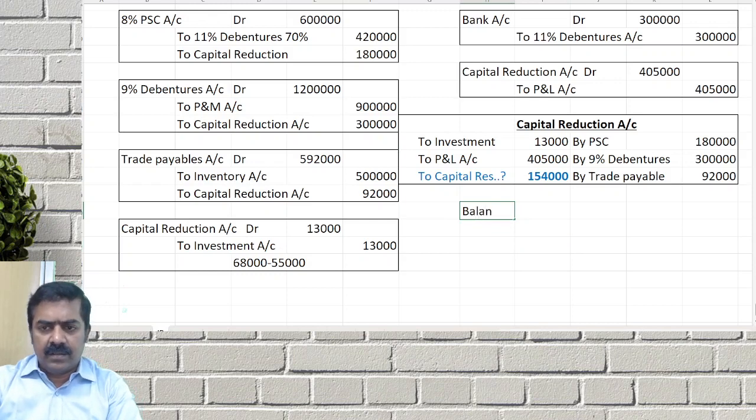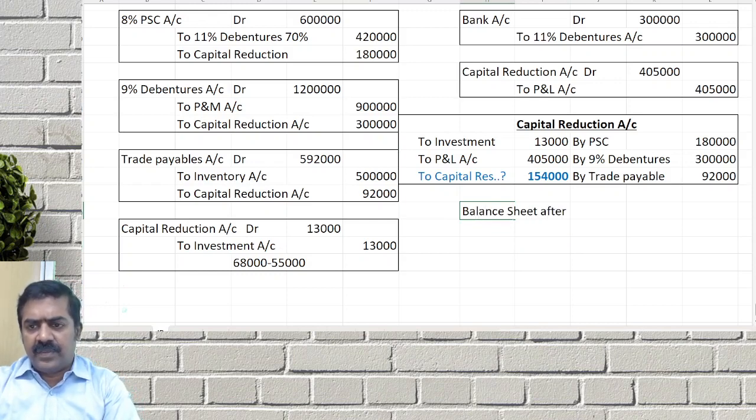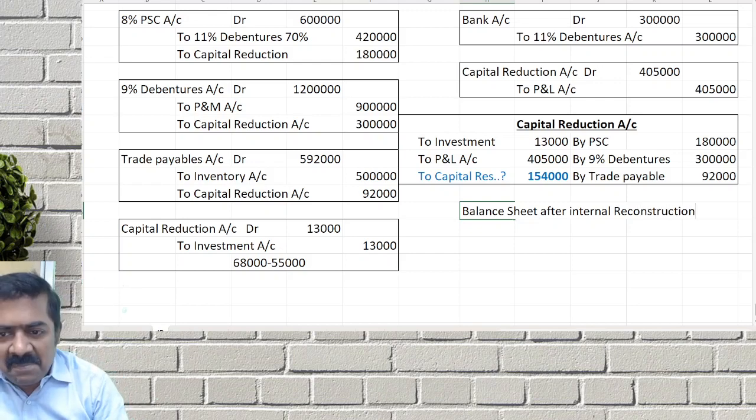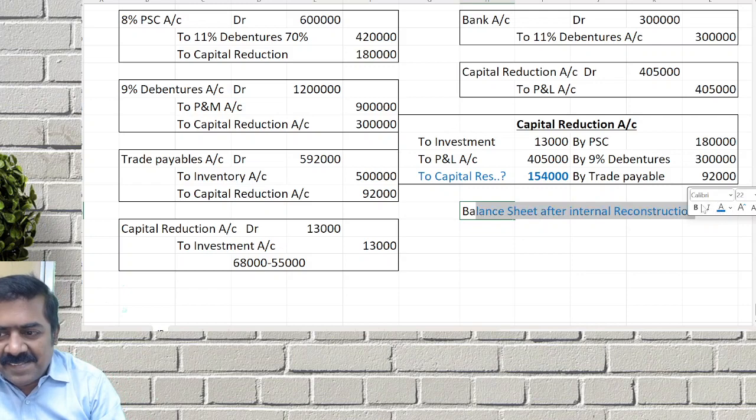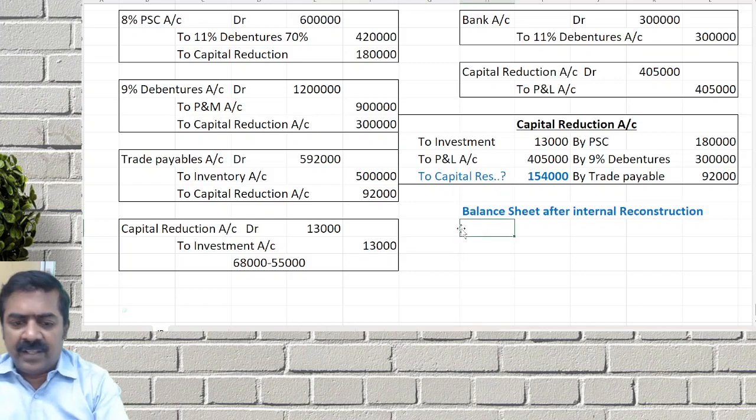Start. Balance sheet after internal reconstruction. Maybe in the classroom we can do it without a format, but in the exam, follow the format.